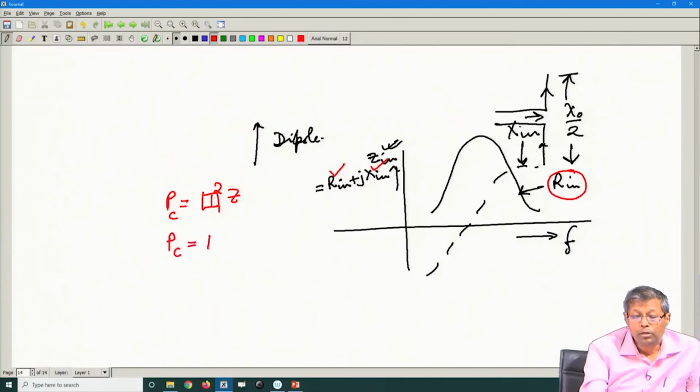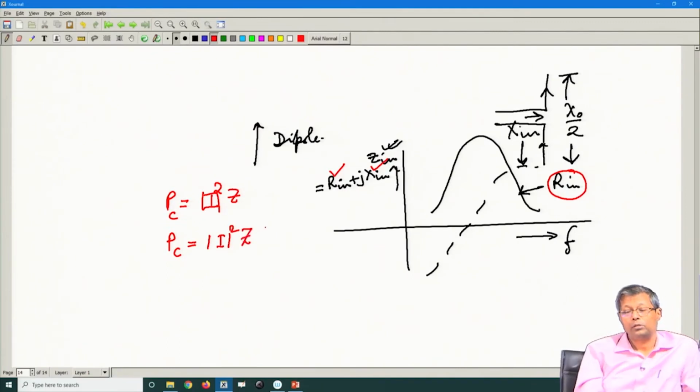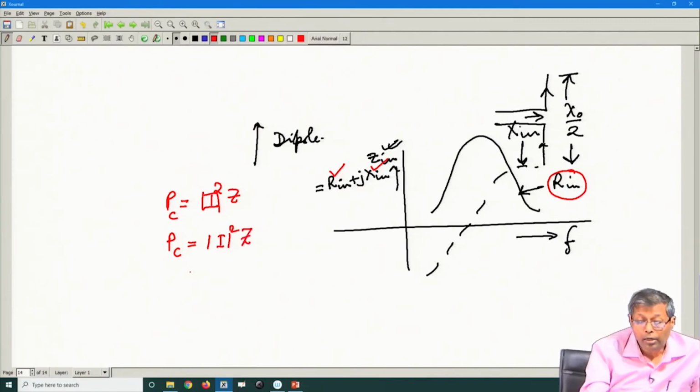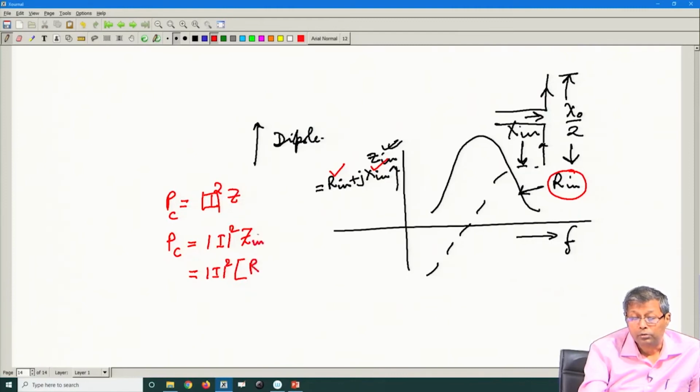The complex power is |I|² Z. So, I can express this as |I|² (R_in + jX_in).